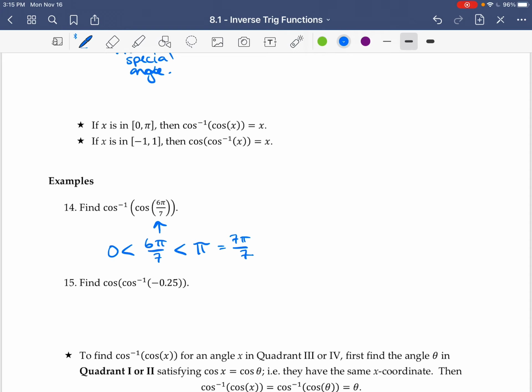So it's in between, so it's in the domain, so they cancel out, so this would be equal to 6 pi over 7. Okay, similarly, negative 0.25 is between negative 1 and 1, so it's in the domain of the inverse, the inside one, so they're going to cancel out, and it's just going to be negative 0.25.